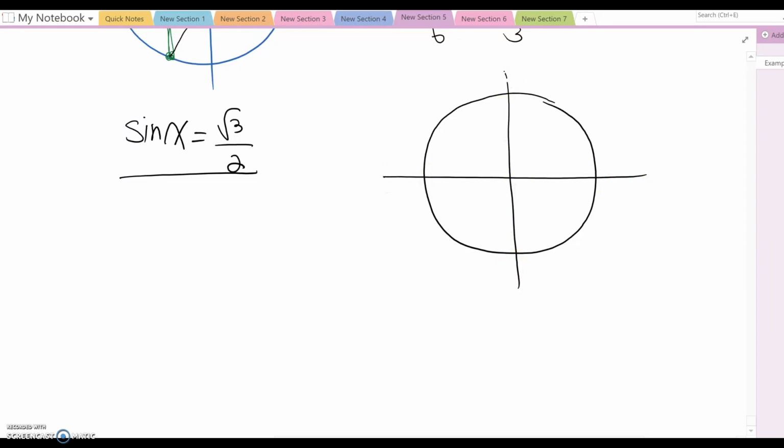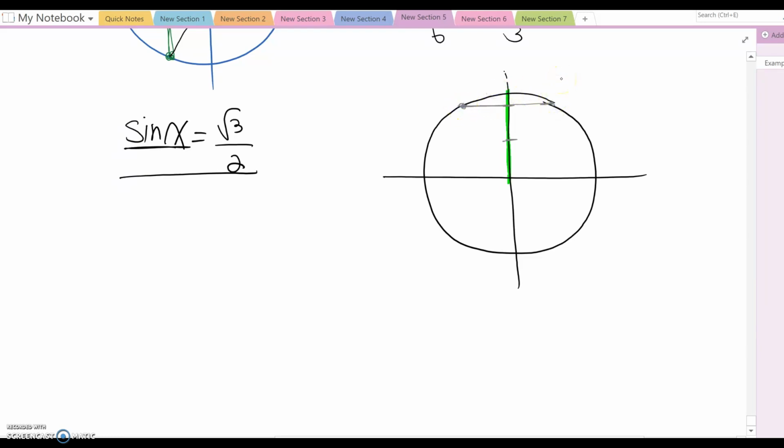Sine means the y-axis, right? Since the total length equals 1, we are finding root 3 over 2, which is close to 1. So I can say this is half and this is root 3 over 2, which is here and here, basically, right?